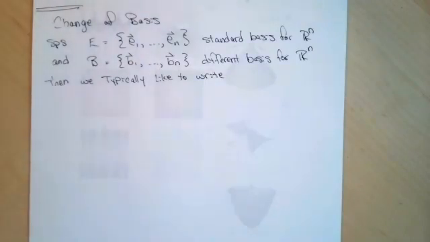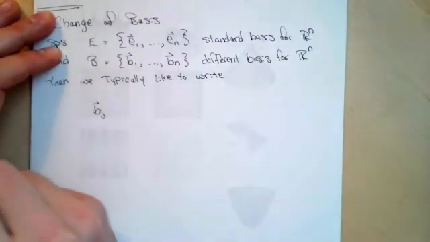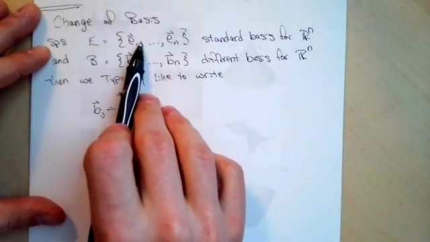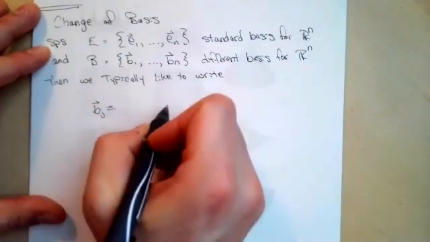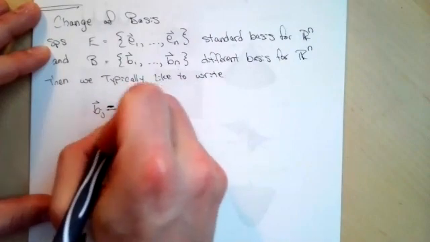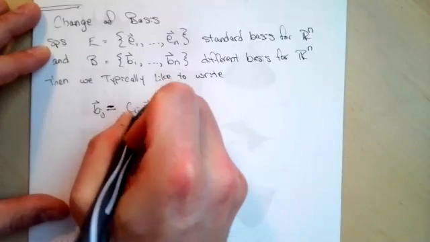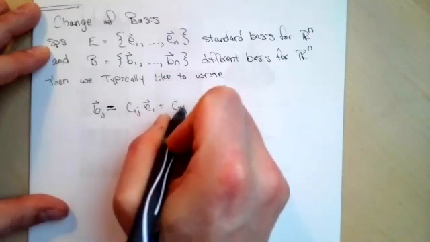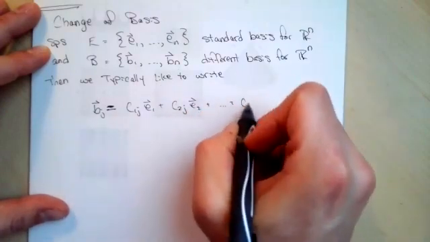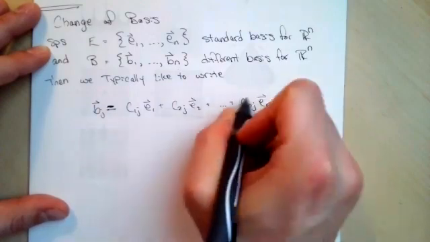So we often have each of these basis vectors written as a linear combination of the standard basis. I'm going to use C for our constants here. So it's going to be c_1j e_1 plus c_2j e_2 plus ... plus c_nj e_n.